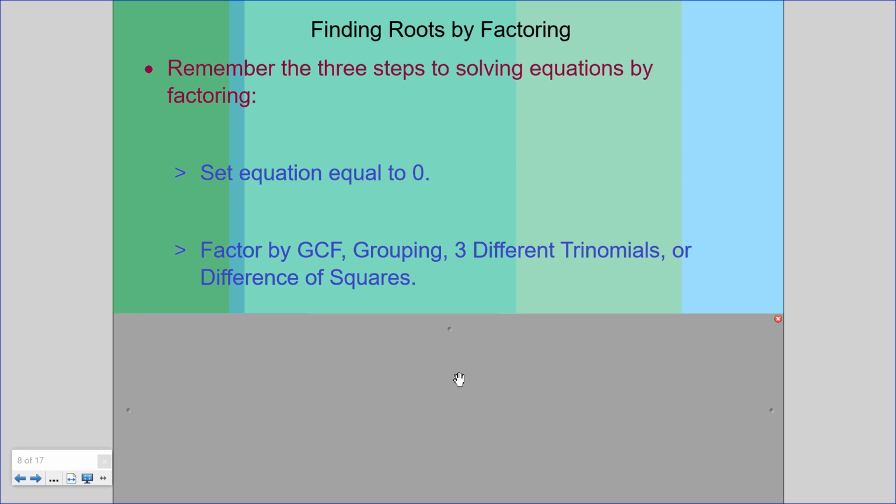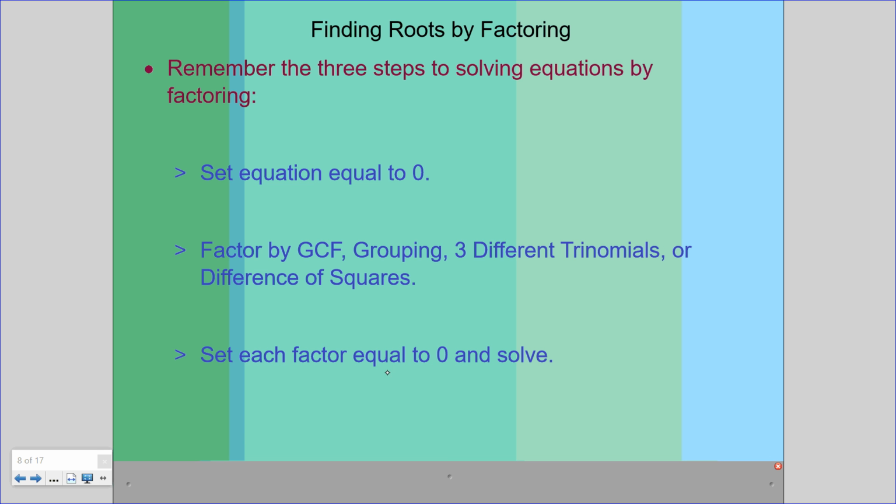And we will always look for GCF first, then look if it's 4 terms to do the grouping method. If it's 3 terms, then look at your trinomial methods, and finally look for difference of squares. Finally, set each factor equal to 0 and solve each factor. And that will give you your 1 or 2 possible roots for the graph.